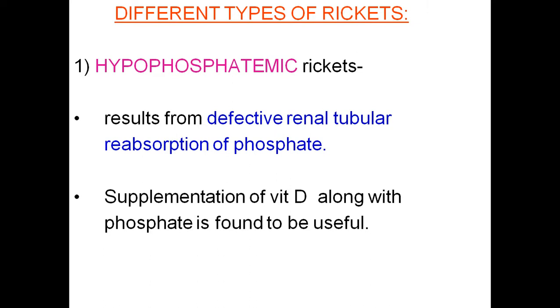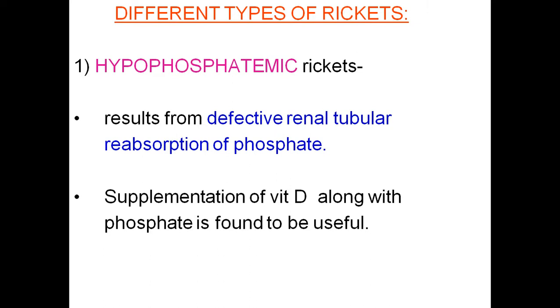As a result, phosphate is excreted in the urine, so the concentration of phosphate in the blood decreases. That condition is called hypophosphatemia. This hypophosphatemia results in bone deformation, resulting in hypophosphatemic rickets.